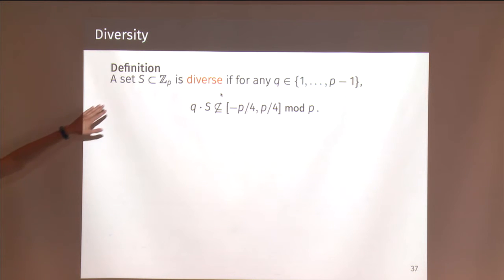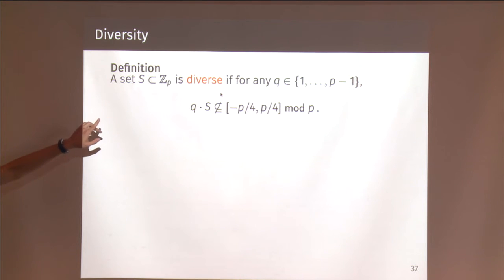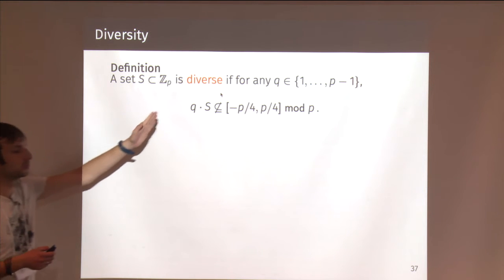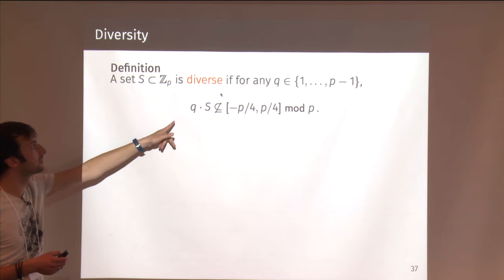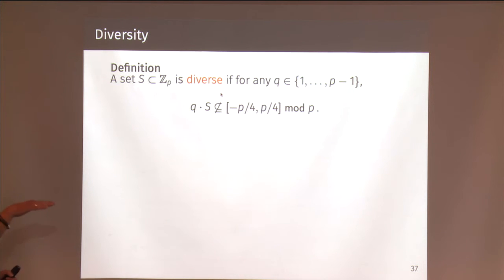A subset of elements of Z_P we call diverse if the following holds. Whatever Q you pick from 1 to P minus 1, if you multiply all the elements from the set by Q, then at least one of them is not close to 0 modulo P.